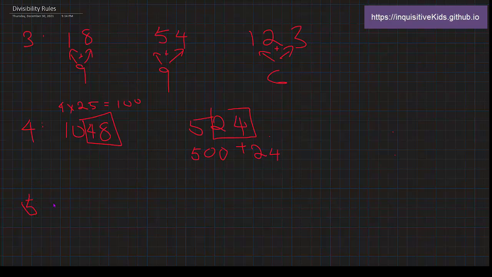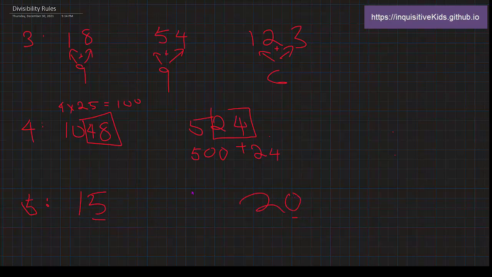Now 5. This one is going to get a little simpler. For 5, you should have already noticed this. All multiples of 5 end in 5 or 0.